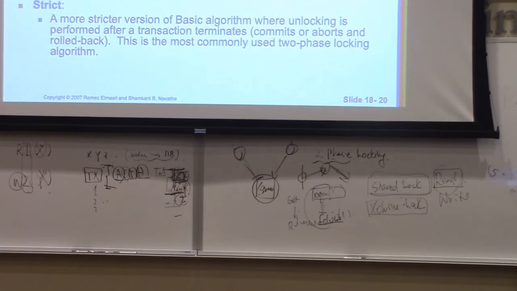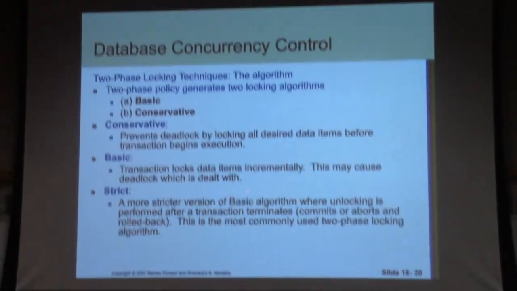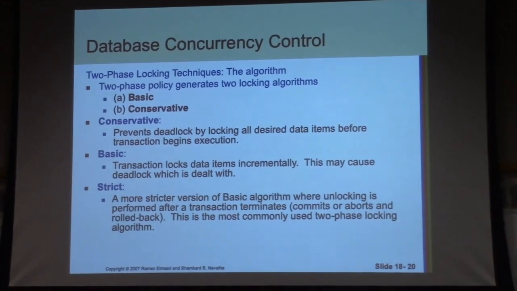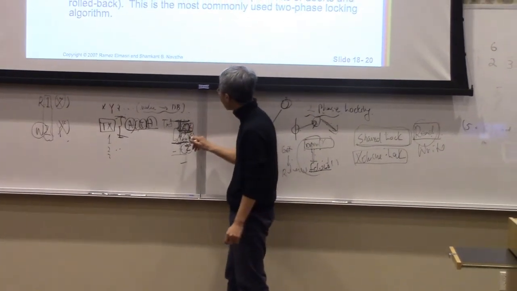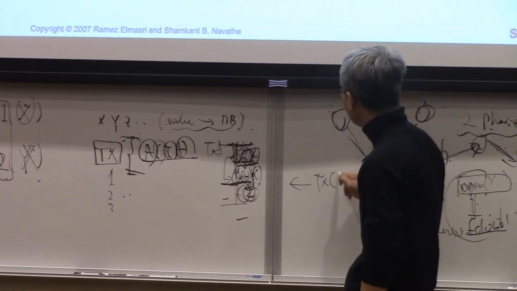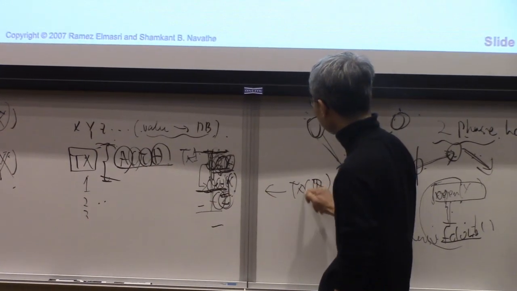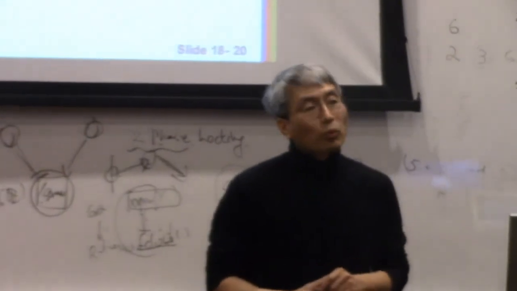So to deal with such a thing, there is the strict version of the basic algorithm. For example, we are okay with X and Y, but Z is locked by transaction 2. Do I need to wait?